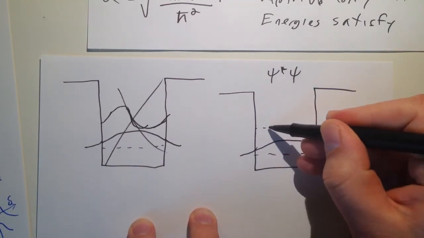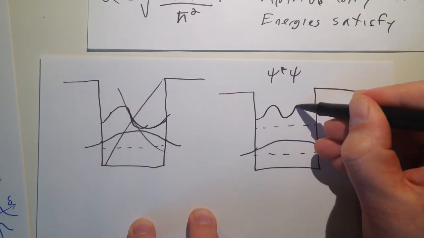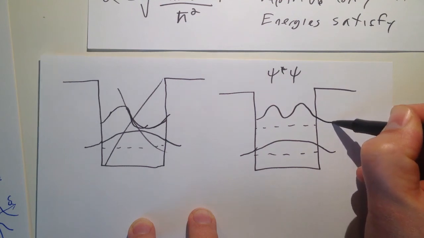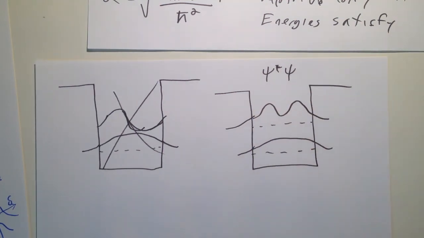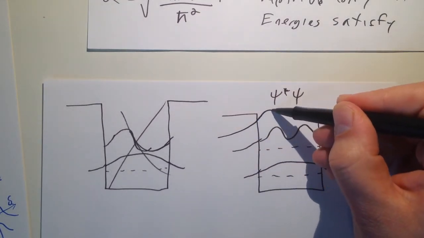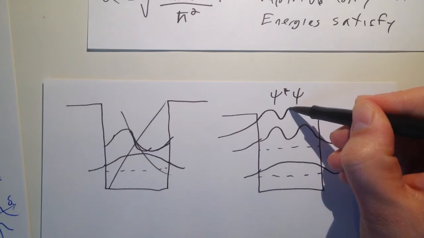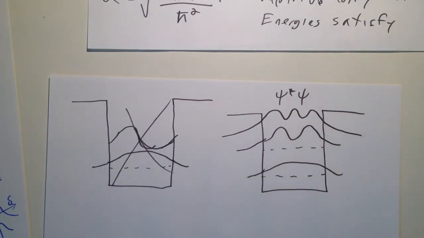For the next energy level we get some kind of wave function like that. For the next energy level we get some kind of probability like that, wave function squared.